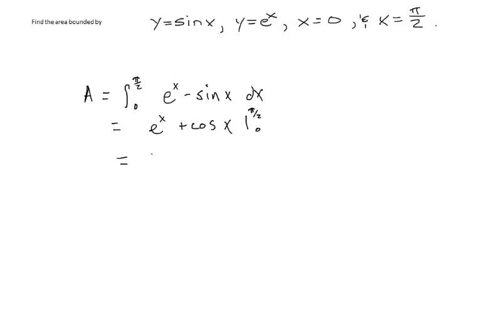And now when we evaluate, we get e to the pi over 2 plus cosine of pi over 2 minus e to the 0 plus cosine of 0.